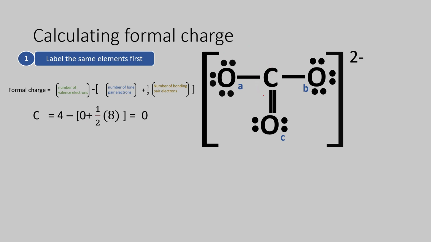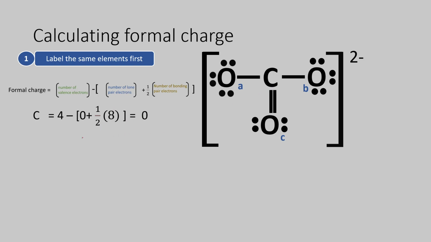Tak ada kan? Tak ada. Okay. And then, tak ada. So, dia tambah half of the bonding pair. So, 8. Kenapa 8? Sebab dia ada 4 bond. 1, 2, 3, 4, 5, 6, 7, 8. And we know that every single bond ada 2 elektron. That's why 2 sini, 2 sini, 2 sini, and 2 sini.